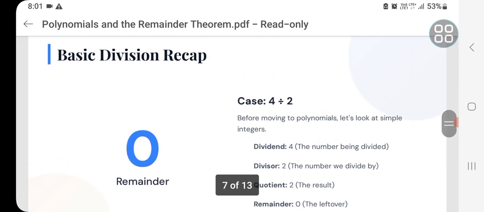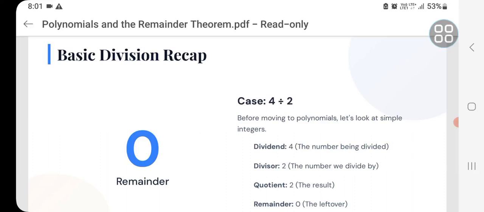Okay, then just see this. I think we completed the basics of polynomials. We know what is a polynomial and how to write a polynomial, and we can easily calculate the degree of the polynomial, and we can easily write the standard form of the polynomial. You can write any polynomial because you know the rules, and we know the terms.